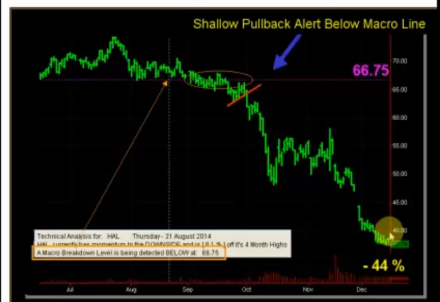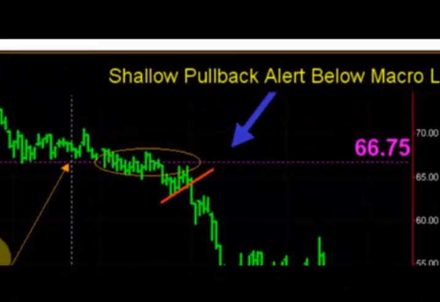So imagine if you had bought this stock down at 40 and you held it for a run up all the way to like 70, but then because you're a long-term investor, you watch it run all the way back down past your entry point. That's not a good way to do the markets. Even if you're a long-term buy and holder, you still want to pull some profits at some point or you never make money. So this is a way that you could use the breakdown levels as an area to protect your investments. That make sense?